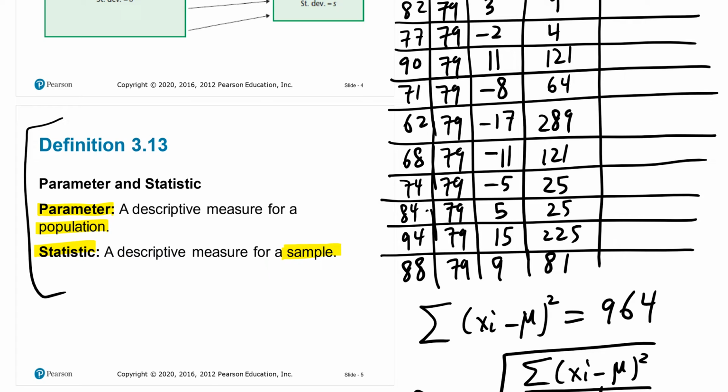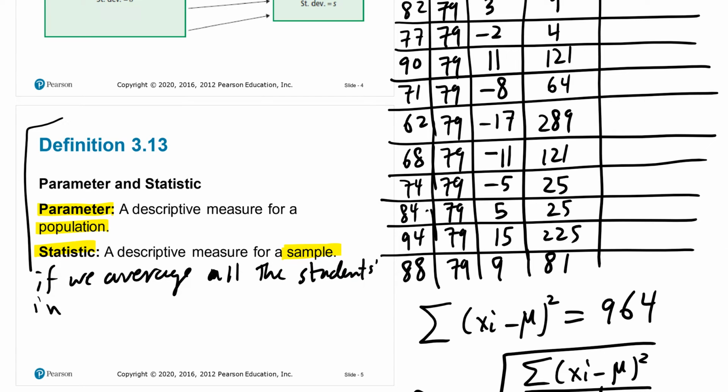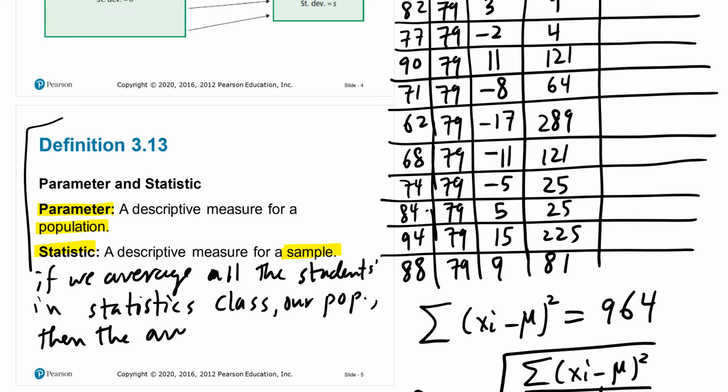For example, if we average all the students in a statistics class, which would be considered our population, then the average is a parameter.